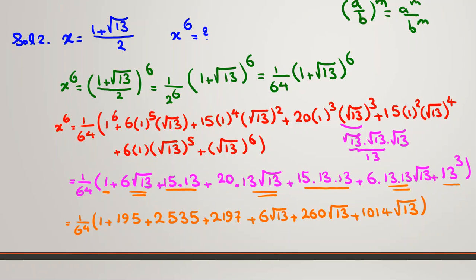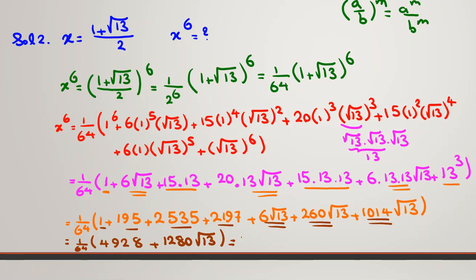So let's simplify. It will be 1 over 64. The first number, if you add up these four numbers, will be 4928. Plus, if we add these three root 13 numbers, they will be 1280 root 13.